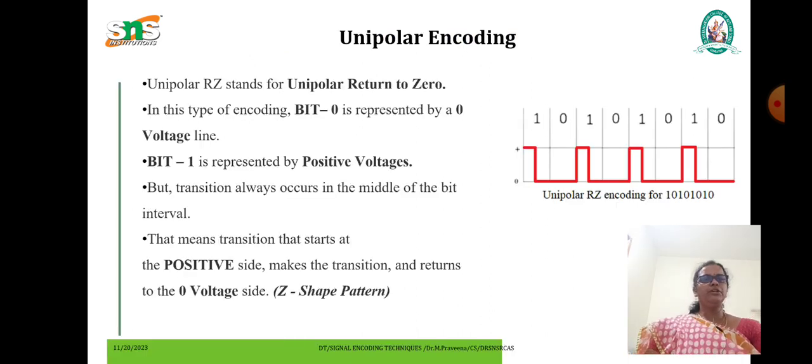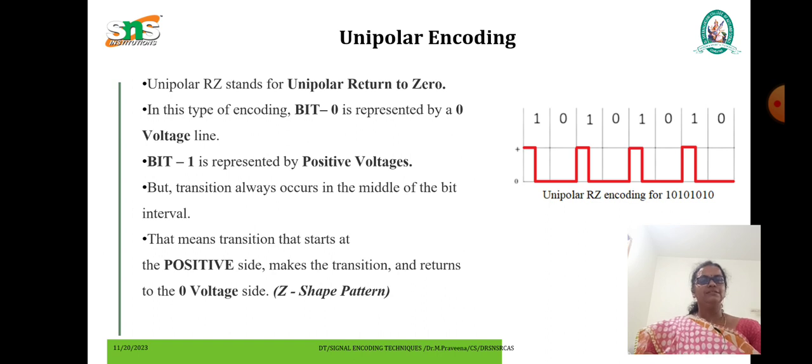So what do we mean by unipolar encoding? Unipolar RZ stands for unipolar return to zero. In this type of encoding, bit 0 is represented by a zero voltage line and bit 1 is represented by a positive voltage line. But the transition always occurs in the middle of the bit interval.